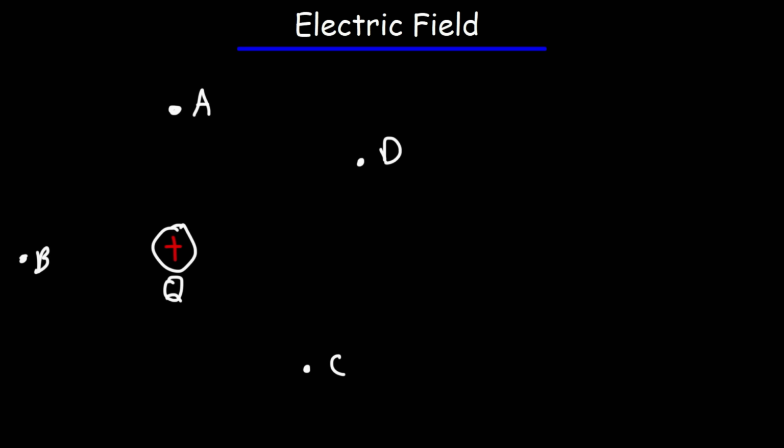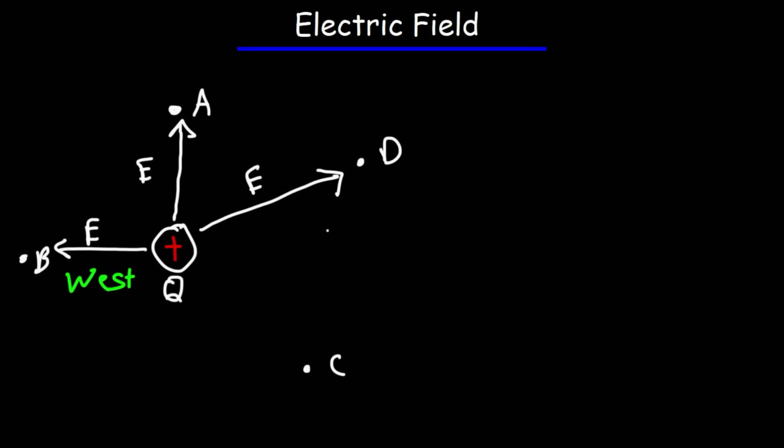So at point A, the electric field, in order to draw it, we're going to draw it starting from the positive charge towards point A. And so the electric field is going north. For point B, we need to draw it towards point B. So the electric field, the direction is west. For point D, it's going to be at an angle.